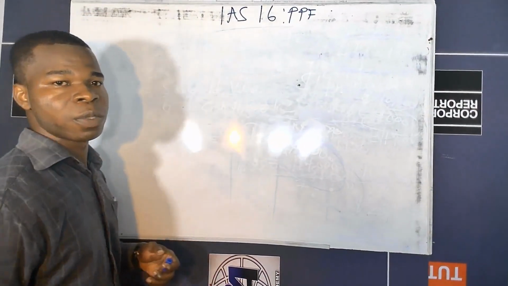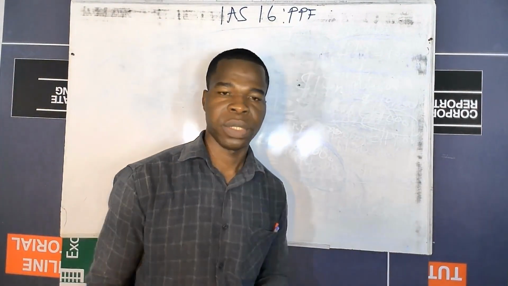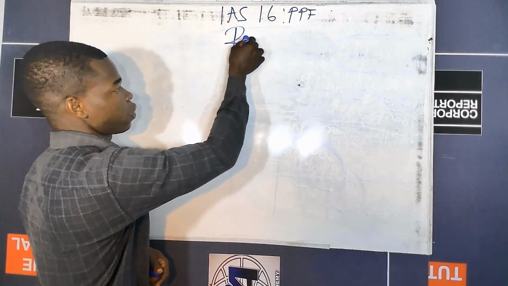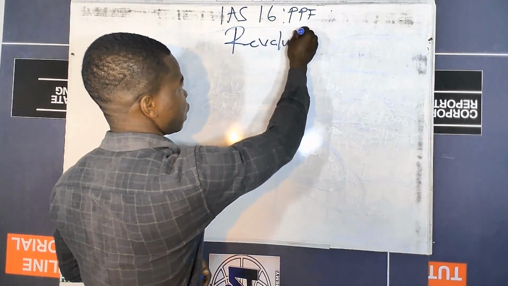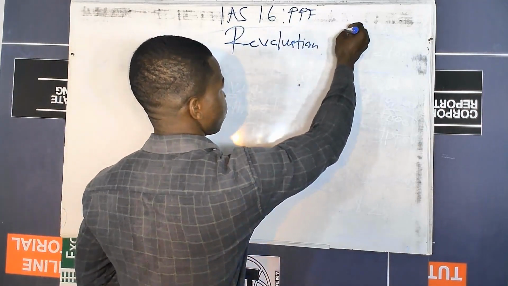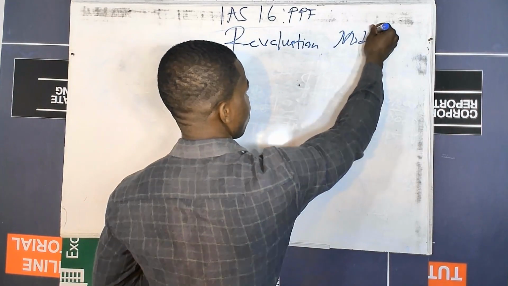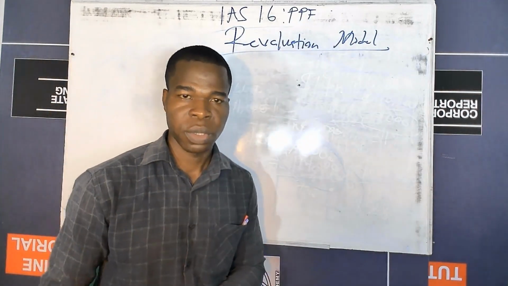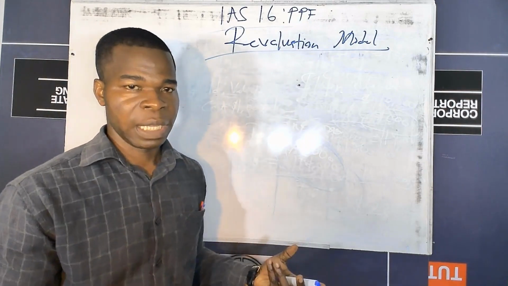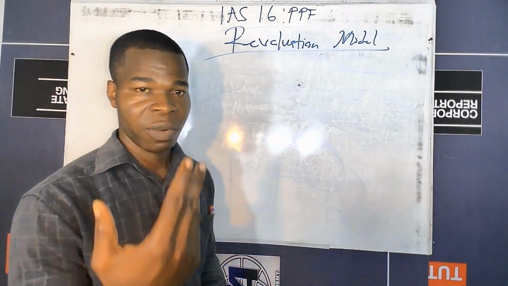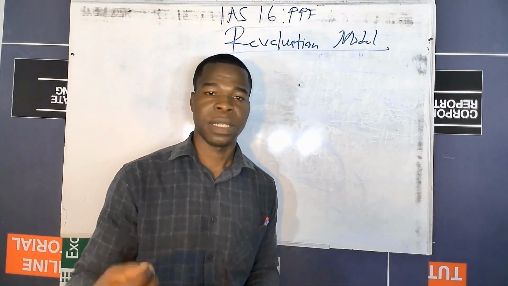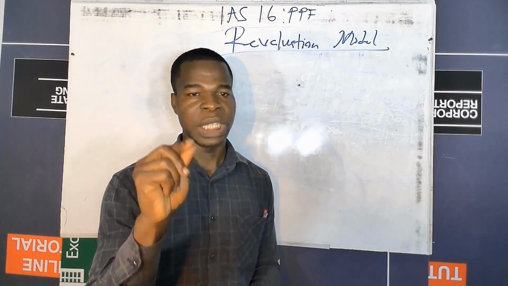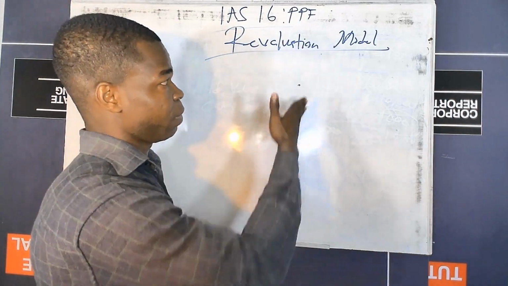So we now want to focus our attention on the revaluation model and look at what goes into that one too. Remember that the entity can either use the revaluation model or use the cost model, depending on what suits the entity. Entities or firms are not obliged to choose a specific one.